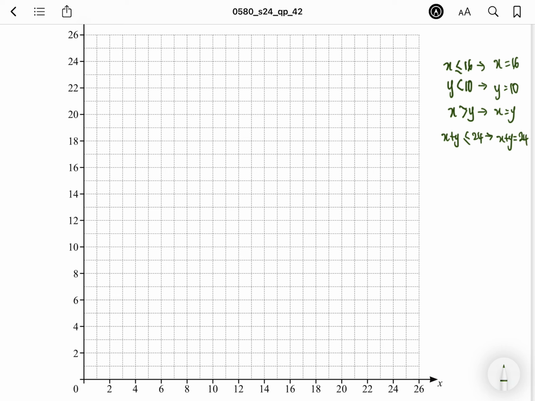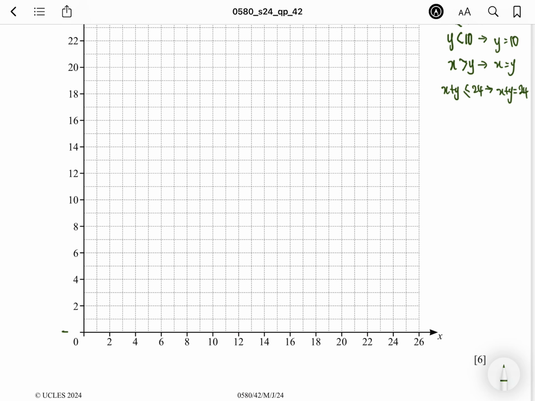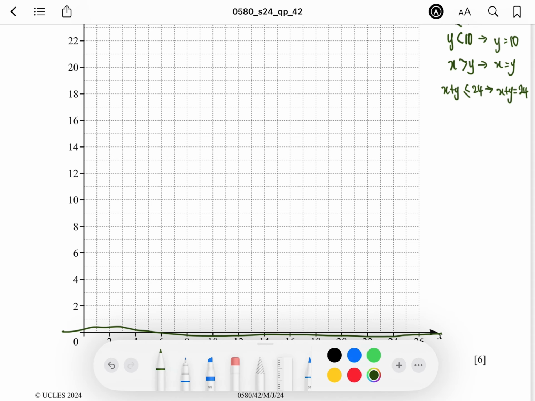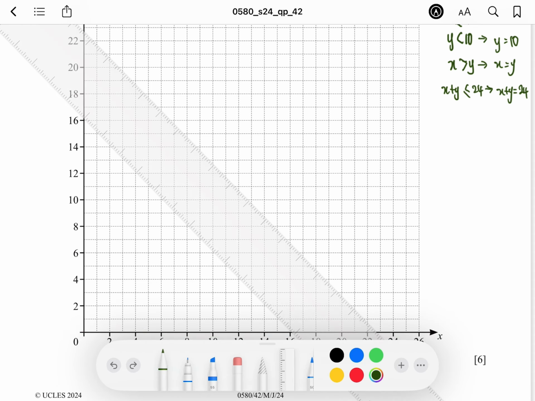X equals to 16. Horizontal line or vertical line? Horizontal. Arah Vertical. 16 arah x kah? 16 arah y. Kalau 16 arah x, horizontal. Dapat common misconception?